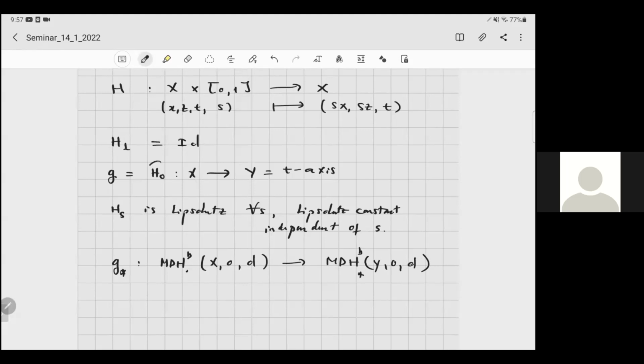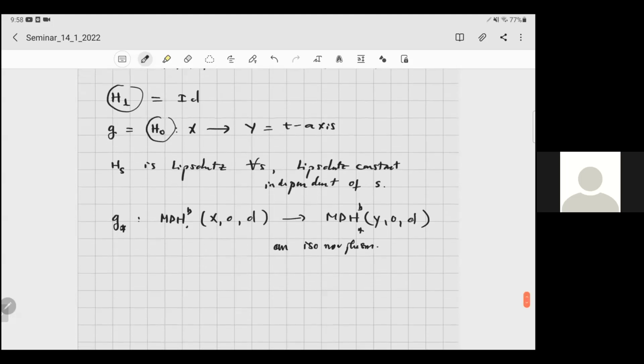It means H0 and H1 induce the same homomorphisms. So actually this one is an isomorphism with d for both, that is, d can be the inner metric or the outer metric.